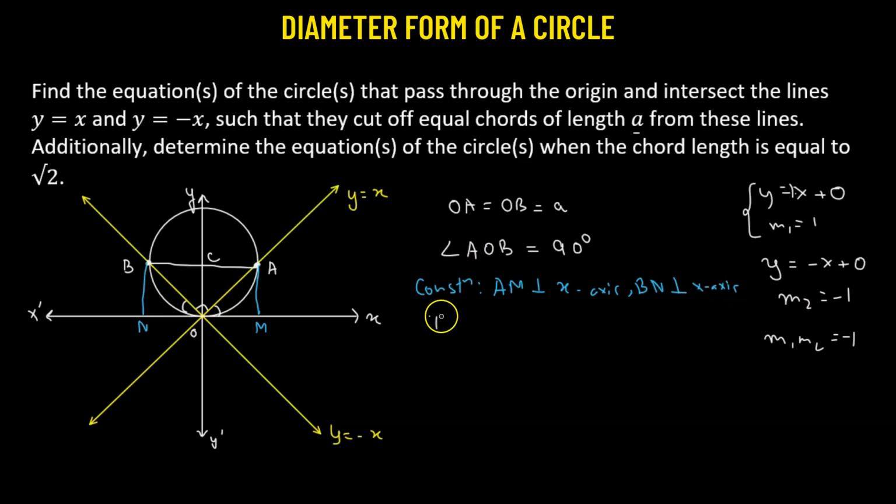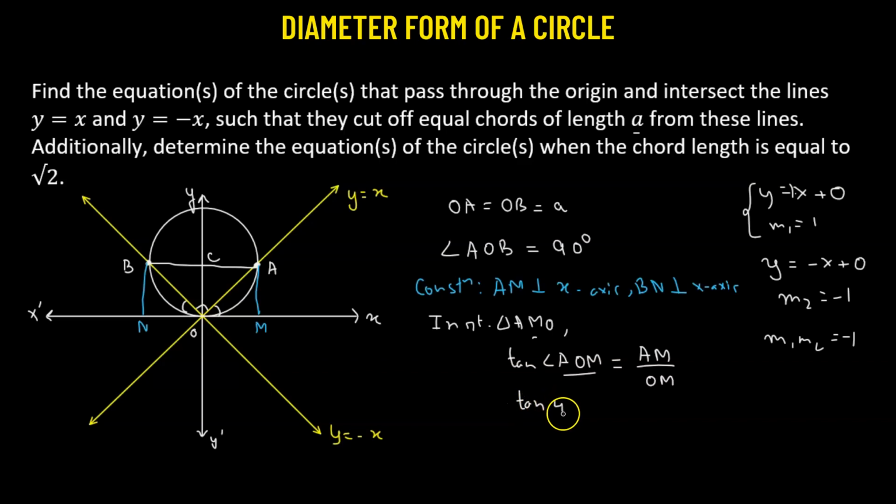Now let's consider the right angle triangle AMO, which is right angled at M. So if we find the tangent of angle AOM, this will be equal to the perpendicular over the base, which is OM. Now, what is angle AOM? We have already mentioned that the line y equals x always makes an angle of 45 degrees with the x-axis.